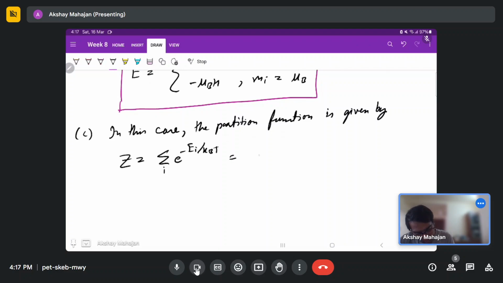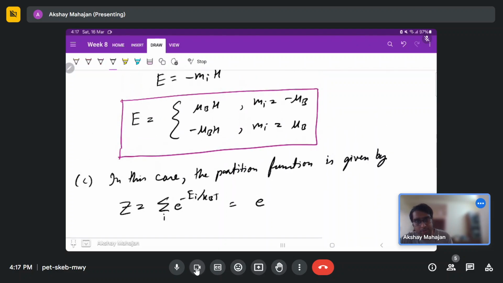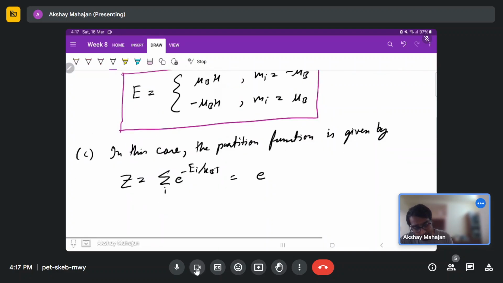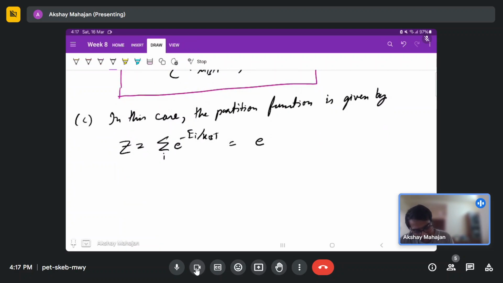Energy Ei values we have already: mu B h and minus mu B h. So the partition function will be e to the power minus mu B h by kBT plus e to the power mu B h by kBT. We can write it as 2 times cosh of mu B h by kBT.